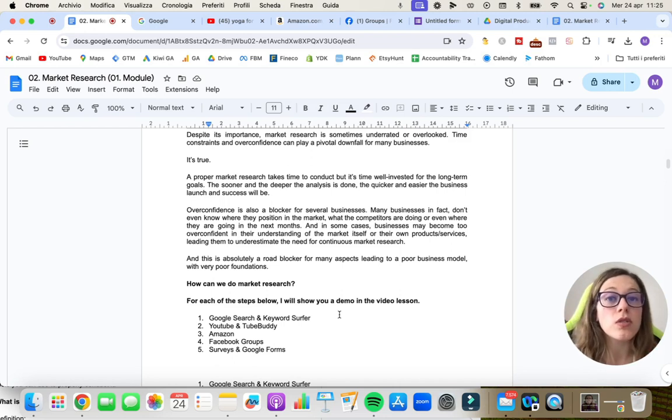It's a continuous process, okay? Because the market is evolving, the trends are evolving. And if you don't do it now, when you haven't even launched your business, then how can you even start on the right foot? It's a continuous process. You always need to know what the demand is, what the customers want, what their desires are, and what their challenges are.